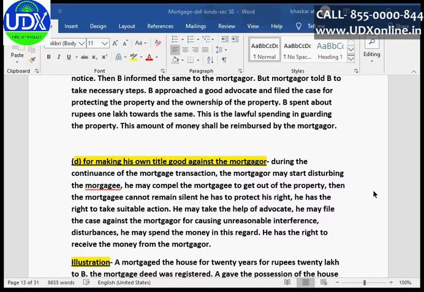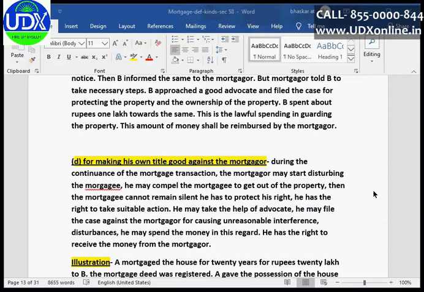Whenever there is unwanted interference, an unwanted quarrel by the mortgager, the mortgagee can take the help of some known persons in the area. He can try to advise that owner of the property not to interfere, not to create disturbances to the mortgagee.